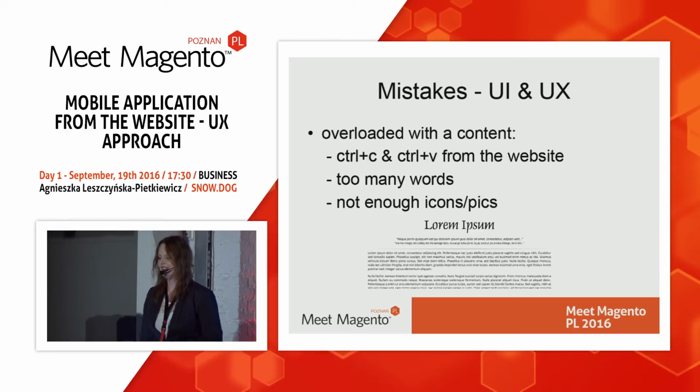In case of content, it's really not a good approach. You should really think about erasing some data and having shorter descriptions, or hiding at least some information under buttons. Too many words, not enough icons, pictures. You can use pictures instead of words sometimes, and it's also a good approach.